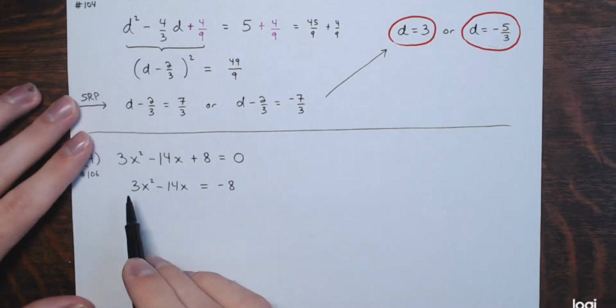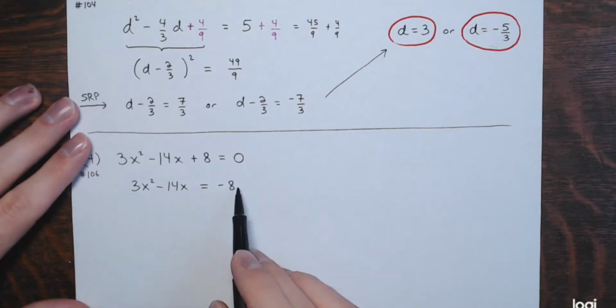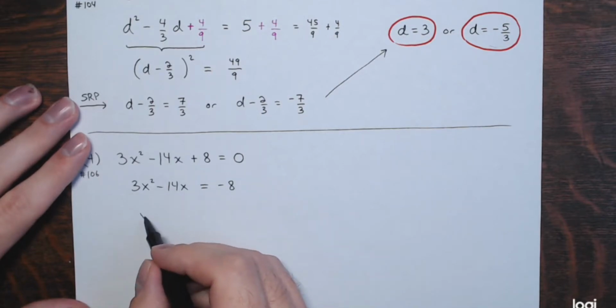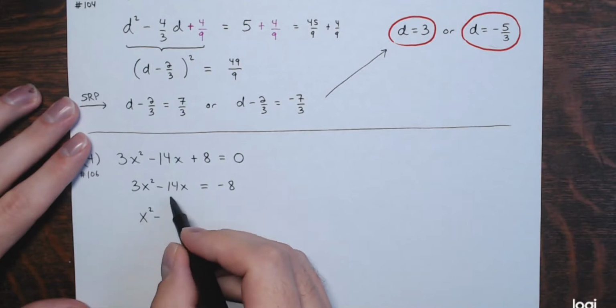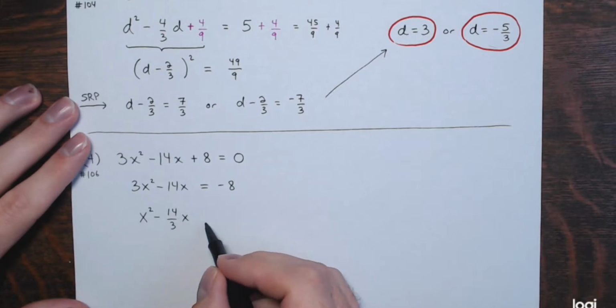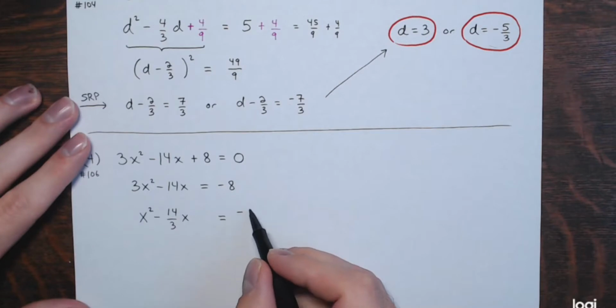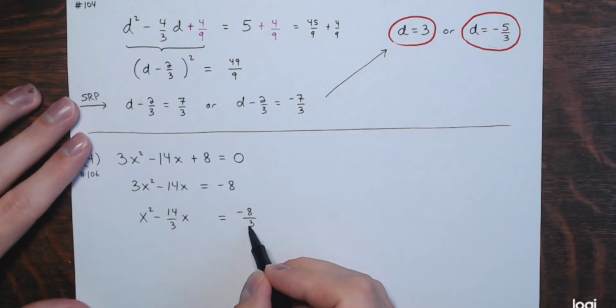Next, I would like the quadratic term to have a coefficient of 1, so then I can complete the square. So I'm going to divide everything by 3. So that's x squared minus 14/3, right, times x. And then I'm going to leave some space because now I can complete the square, equals, and then over here, negative 8/3, right, divided everything by 3.